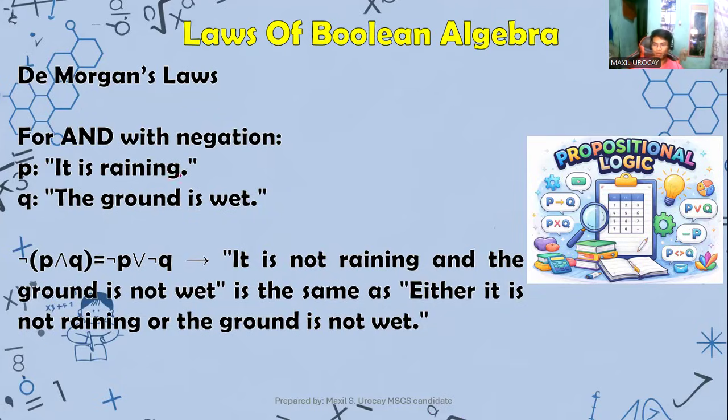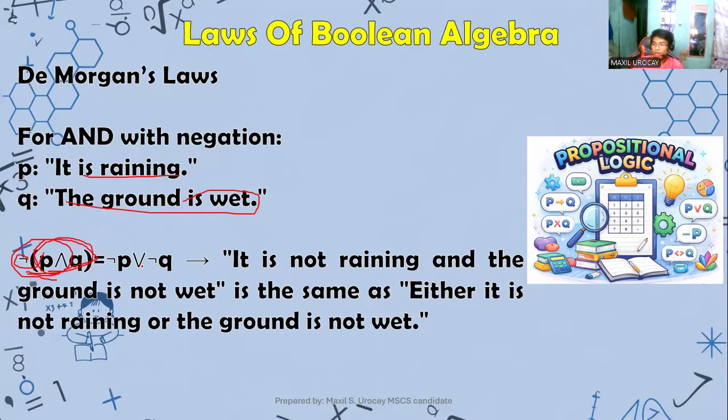So De Morgan's law for AND, with a statement: it is raining and the ground is wet. Using this, we have to negate it. It is raining and the ground is wet, but we are using not. So it will become, it is not raining and the ground is not wet.